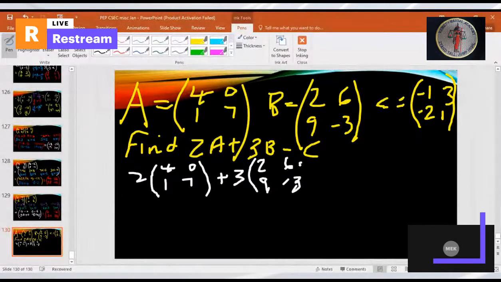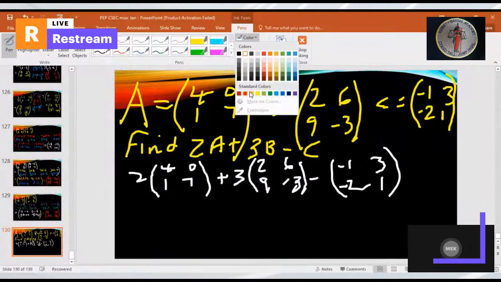And then we're going to take away C, which is negative 1, 3, negative 2, and 1. So we need to work those out now and combine them.